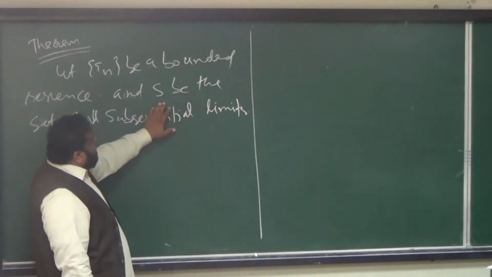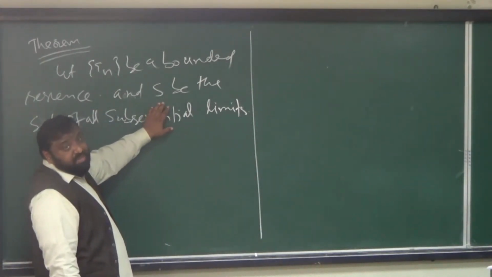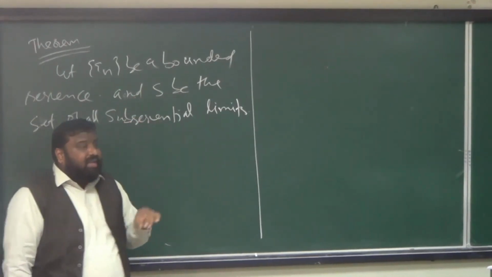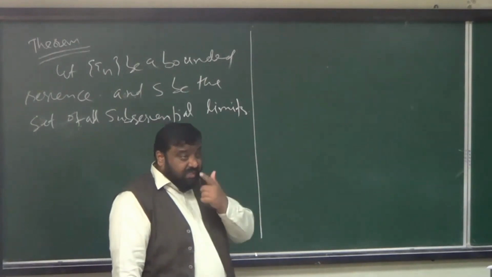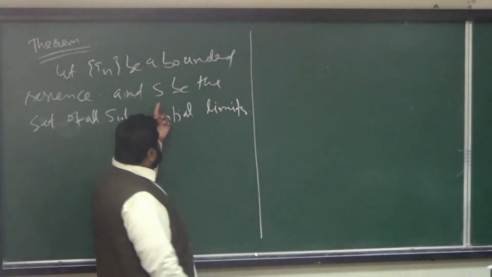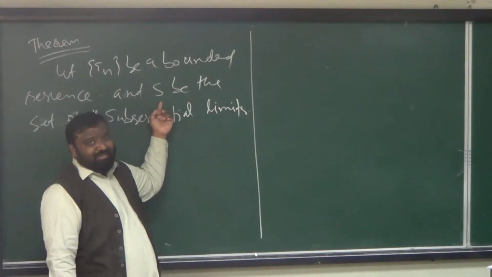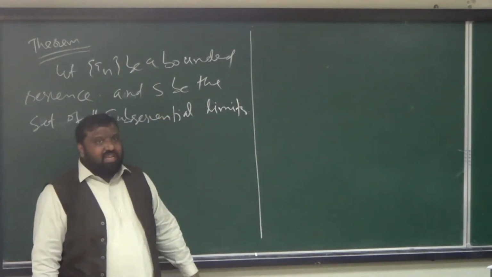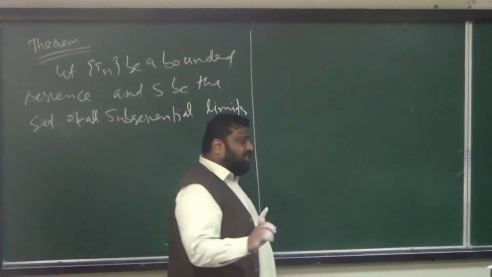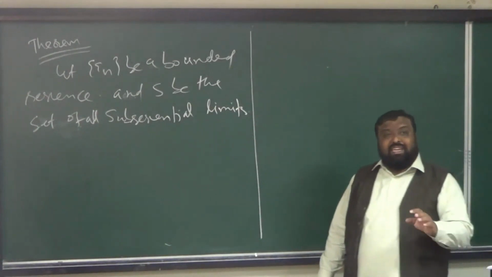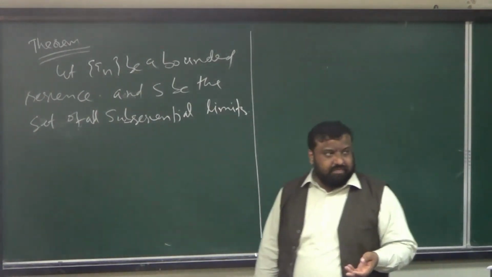Because Bolzano-Weierstrass theorem says that there must be at least one convergent subsequence of the original sequence. Then this S must be a singleton actually. It says at least one. At least one.